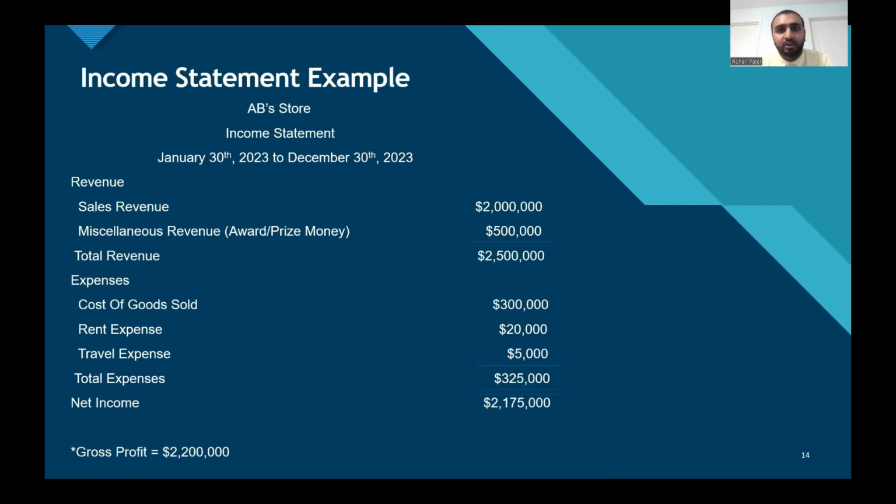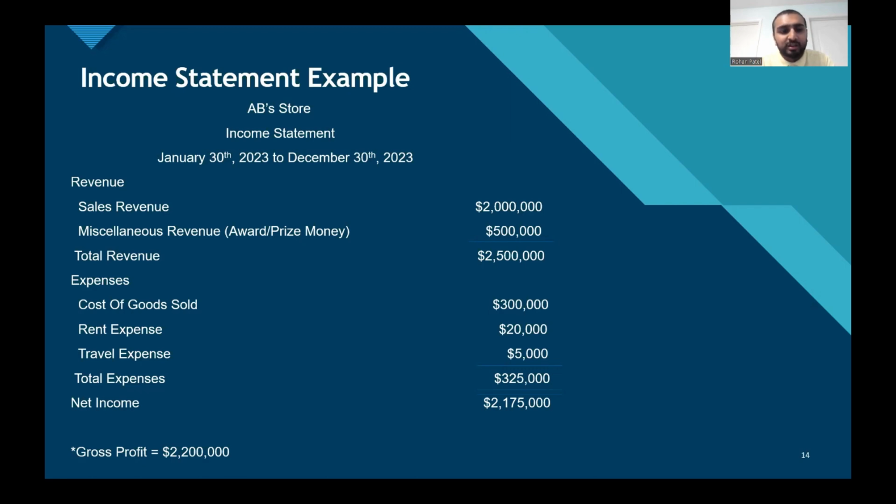These are the operating expenses, the costs incurred from running the business itself. So we have rent expense for the building, that's $20,000 within this period of time. Then we have travel expenses where we need to go to business meetings or we need to go meet clients, and that is $5,000.